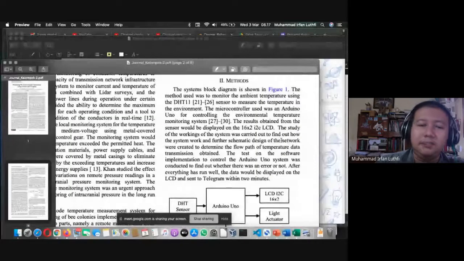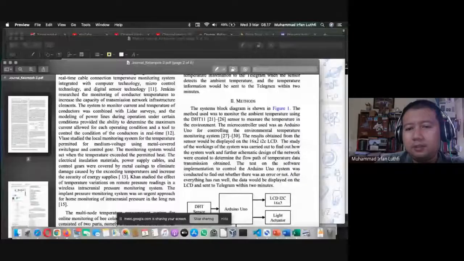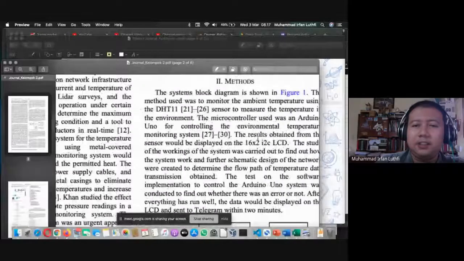They just mention something that has a correlation with the engineering field. You can see the system block diagram, the system flow, schematics, flow chart, everything that has no correlation with the method, because they don't mention the research method.